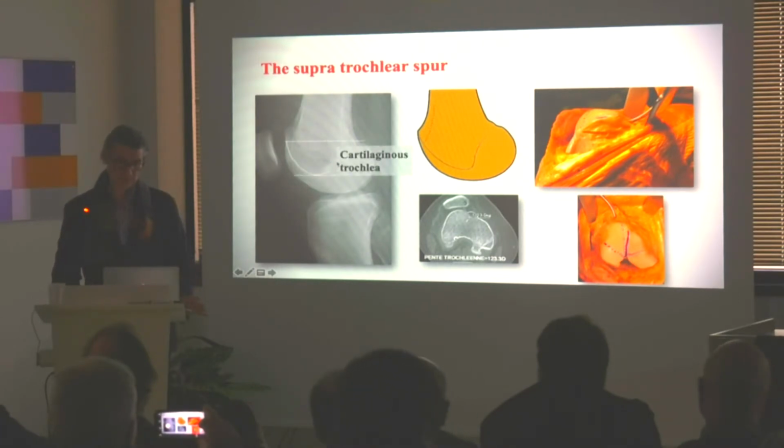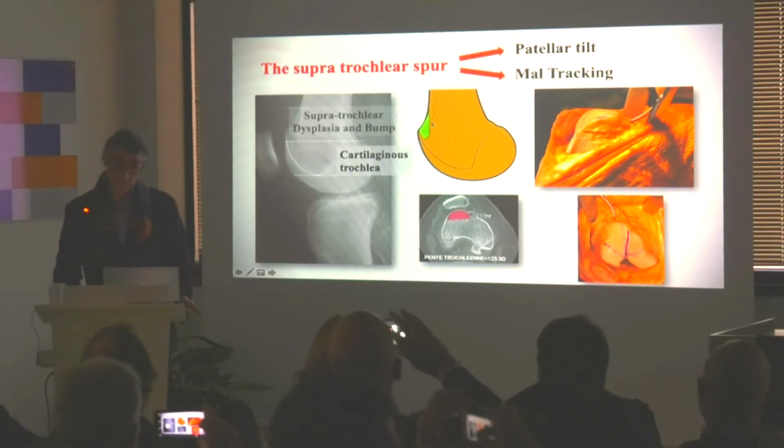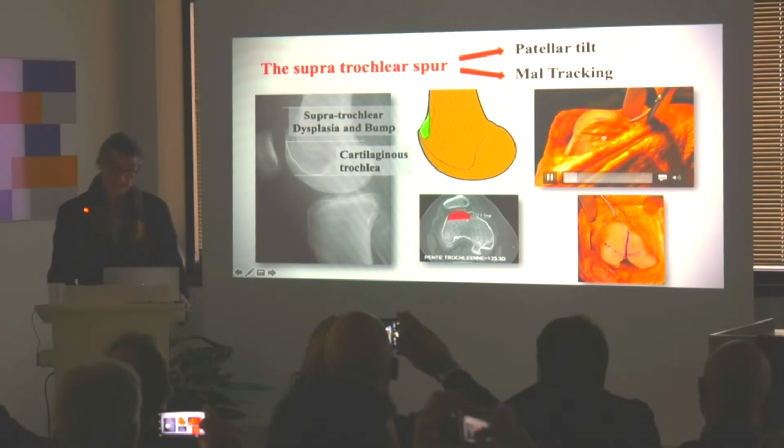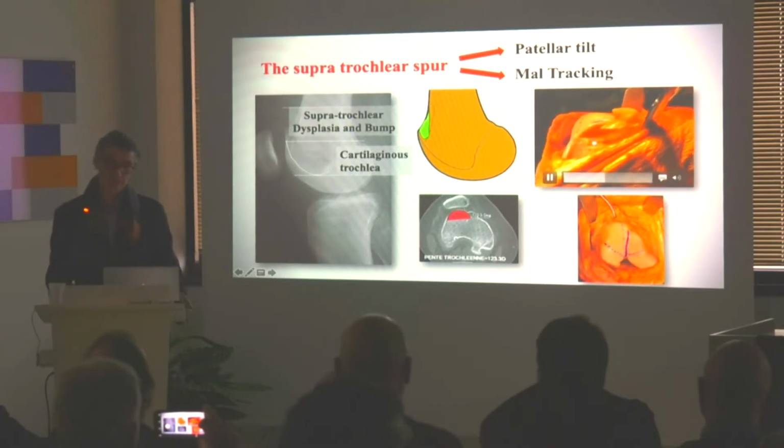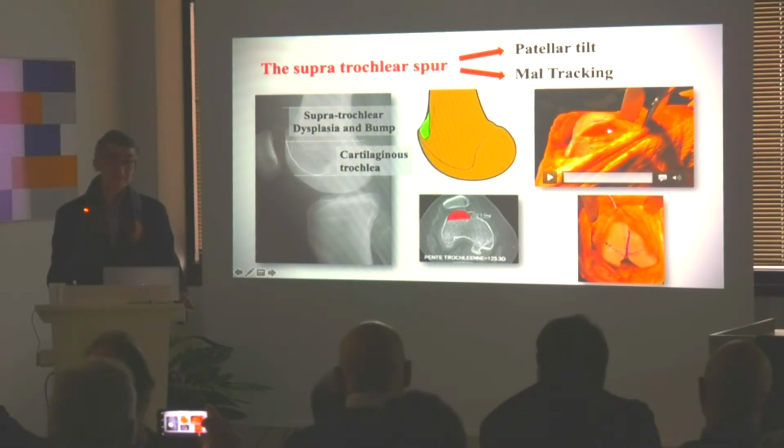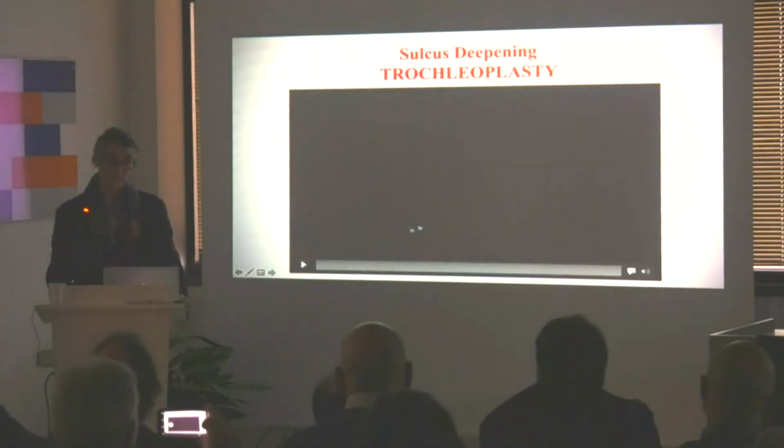The cartilaginous trochlea, okay, this is what you will change, but also you need to remove that. And look at this video. Oh, it's so beautiful. You see? And you see this big prominence, and you understand exactly why the trochleoplasty is well indicated for such cases.